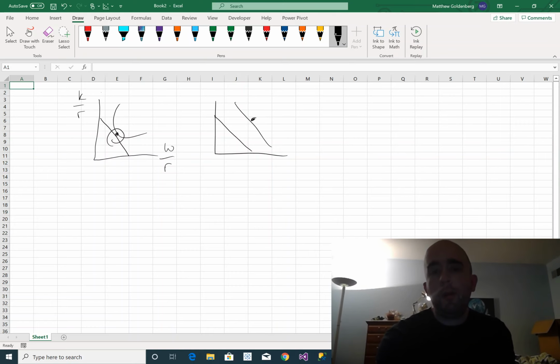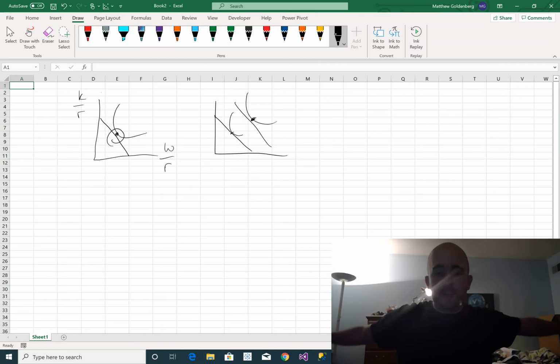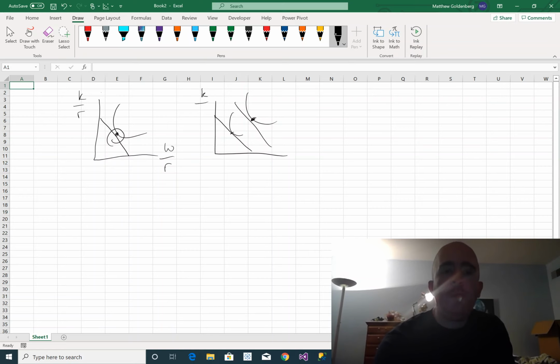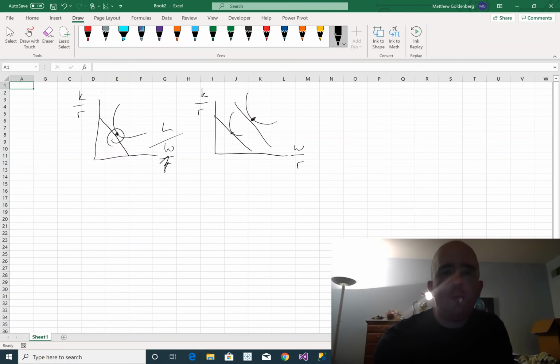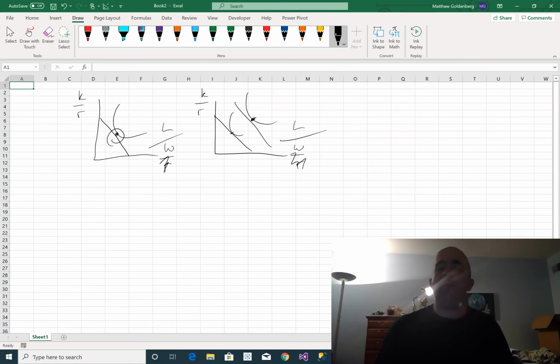Do we want to be right here or right here? It's a completely different question, and that's why I'm graphing this the way I am, because I want to take the concepts apart. And I'm actually writing this wrong. This is labor over wage. This is labor over wage. They're two different things, and one doesn't solve the other.